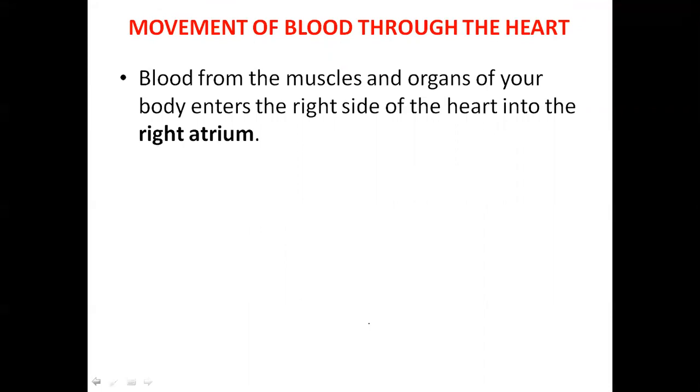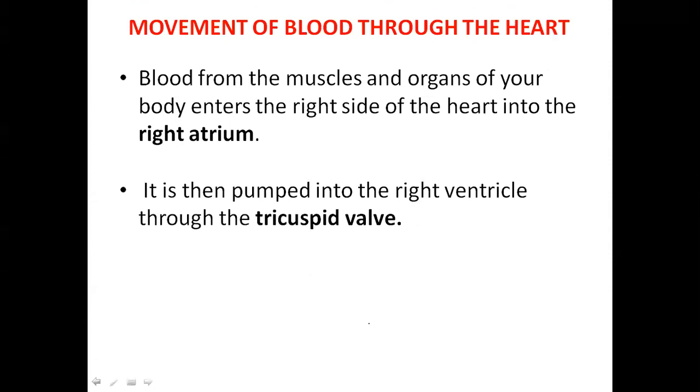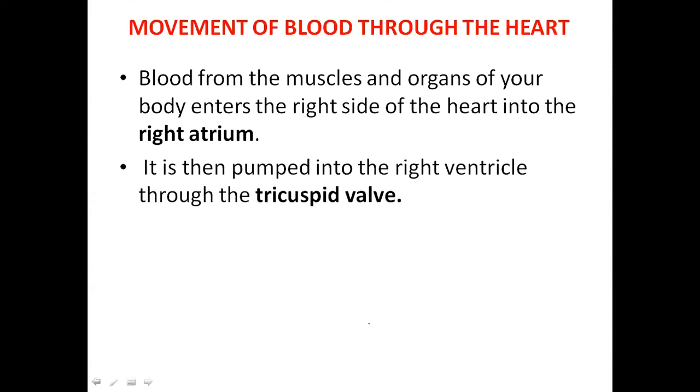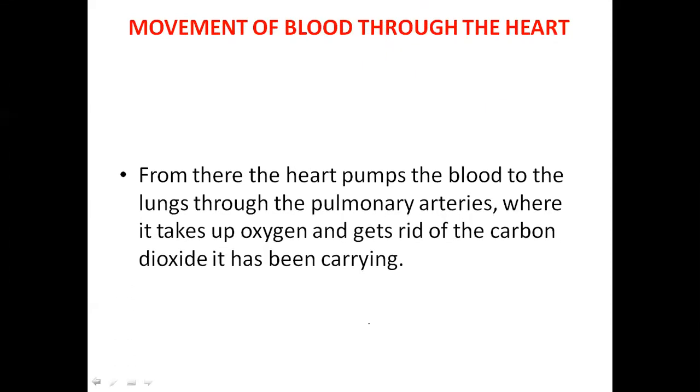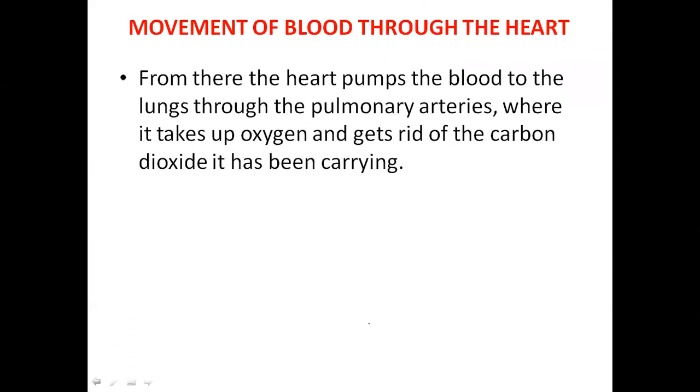It is then pumped into the right ventricle through the tricuspid valve. From there, the heart pumps the blood to the lungs through the pulmonary arteries, where it takes up oxygen and gets rid of the carbon dioxide it has been carrying.